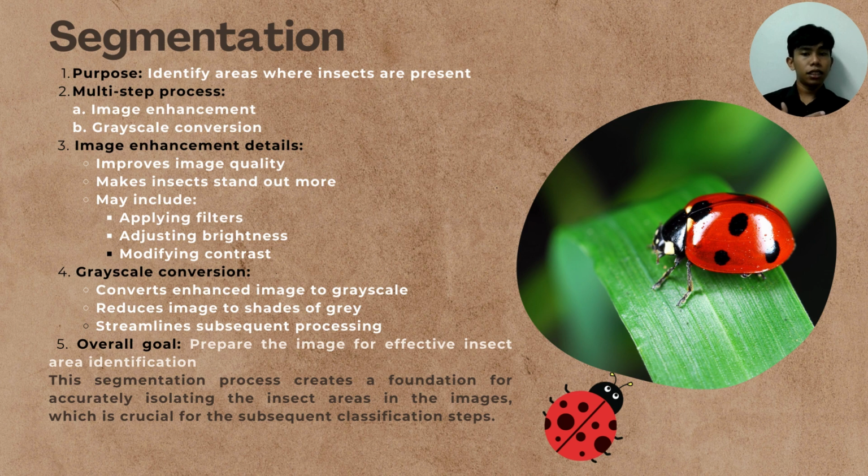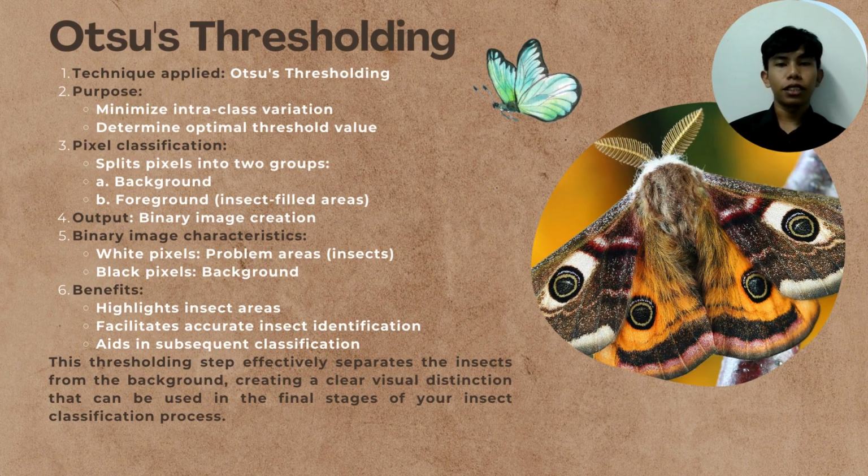The grayscale conversion converts the enhanced image to grayscale, reducing the image to shades of gray and streamlining subsequent processing. The overall goal is to prepare the image for more effective insect area identification. This segmentation process creates a foundation for accurately isolating the insect area in the image, which is crucial for the subsequent classification stage.